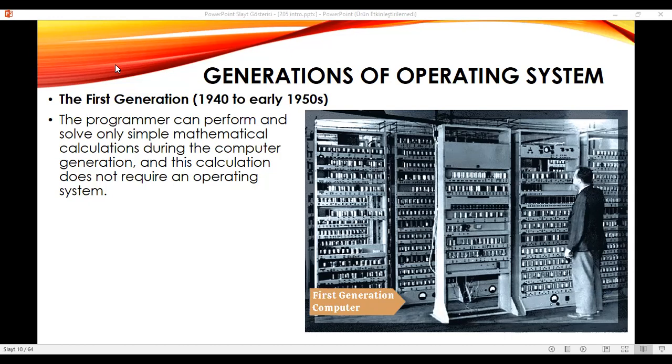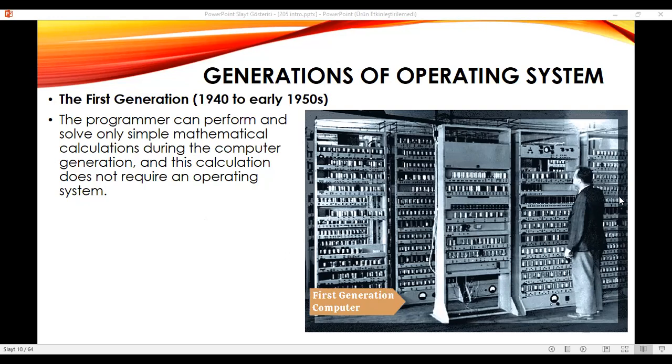So the first generation, from 1940 to the early 1950s, was a kind of computer that was not better than our simple calculators.